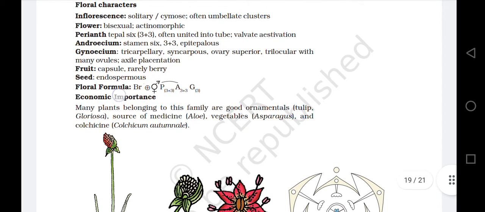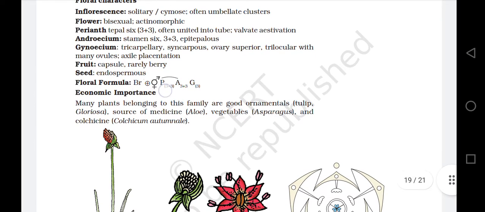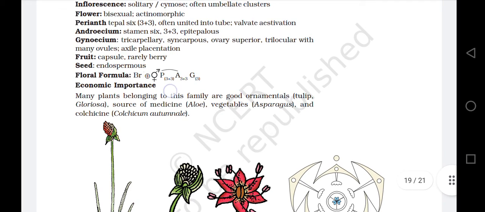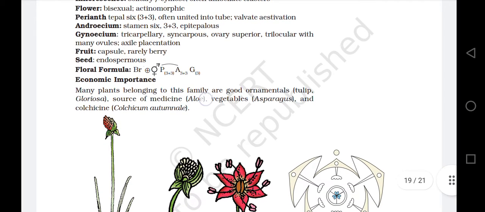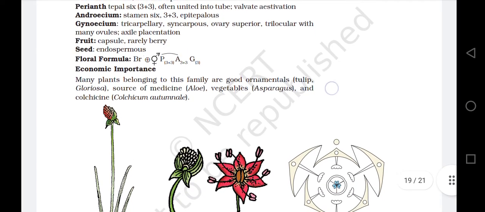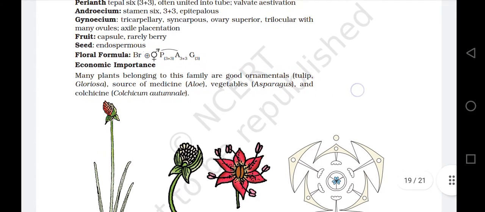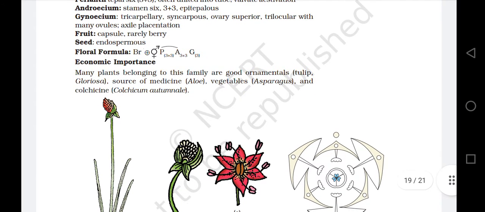Floral formula: bracteate, actinomorphic, bisexual, perianth 3 plus 3 united, androecium 3 plus 3 free but united with the perianth, gynoecium 3 united. Economic importance: many plants belonging to this family are good ornamentals: tulip, gloriosa; source of medicine: aloe; vegetables: asparagus; and Colchicum autumnale.